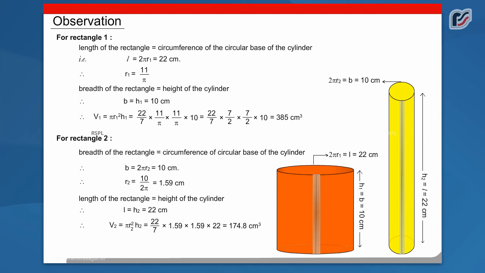Therefore, V2 is equal to pi r2 square h2 is equal to 22 by 7 into 1.59 into 1.59 into 22 equal to 174.8 centimeter cube.